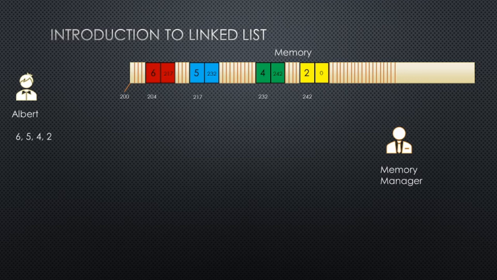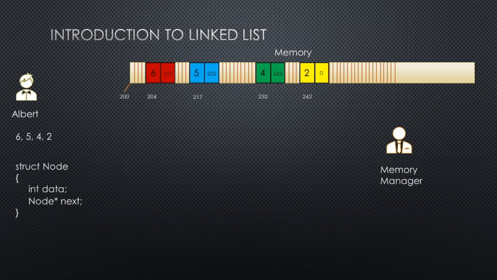In C, he can define the type named node like this that will have 2 fields in the node. One to store data, this field will be an integer, and one more field to store the address of the next block. So Albert will ask for a node of memory from the memory manager.